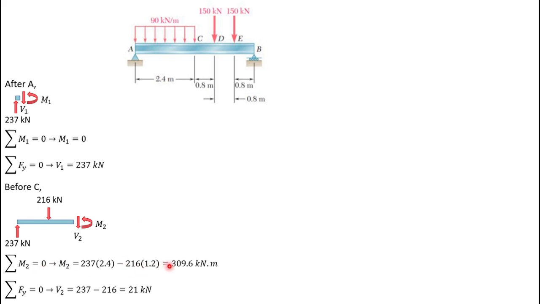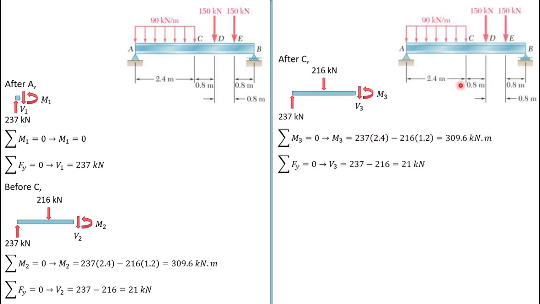So the moment M2 here is equal to 309.6 kilonewton meter. The next is after C, which is almost the same because the distance is increased a little bit, but we assume it is the same distance. So we will have the same moment and the same V2.